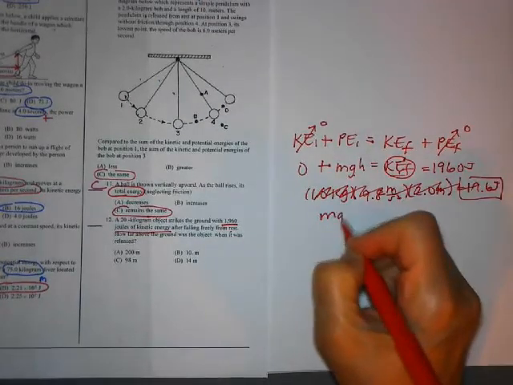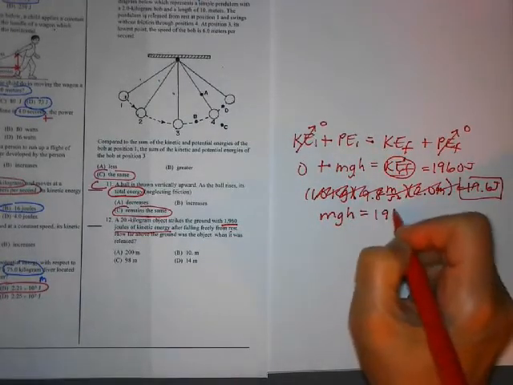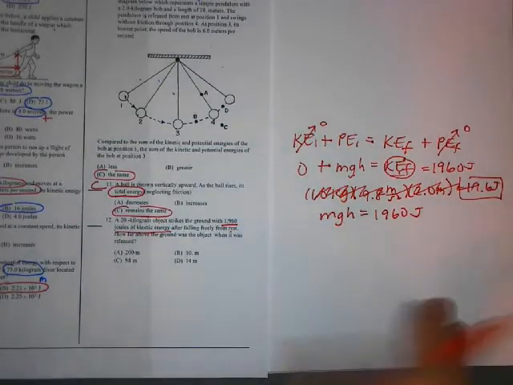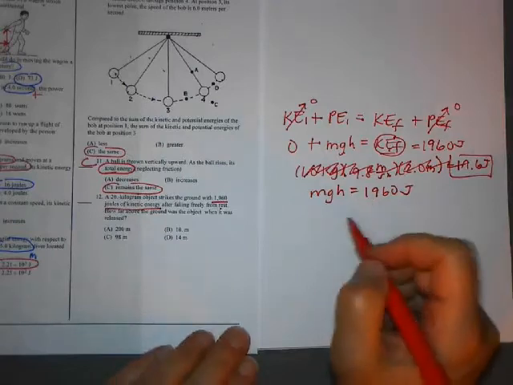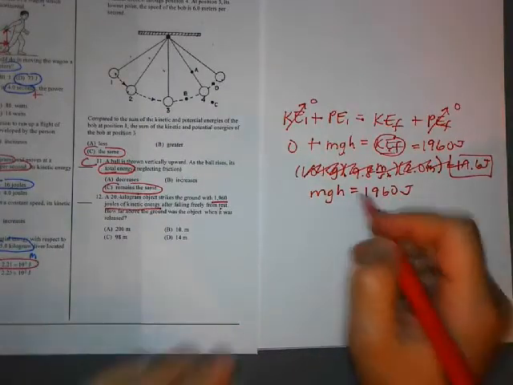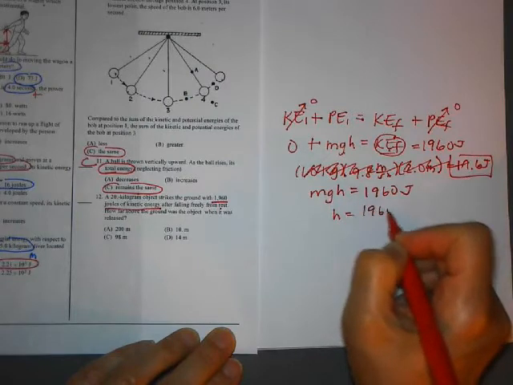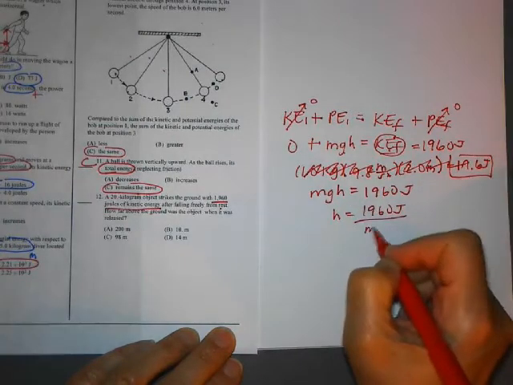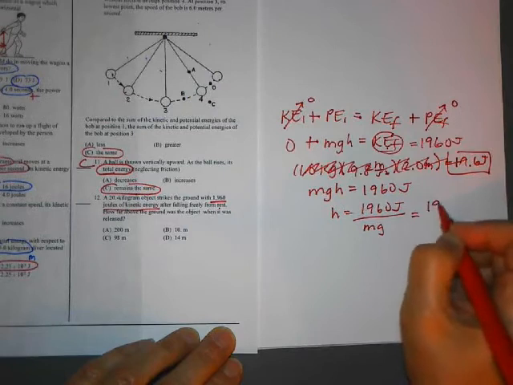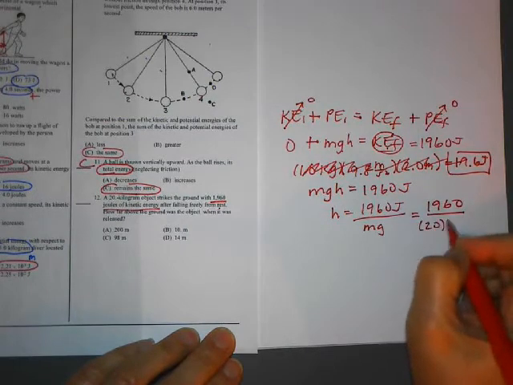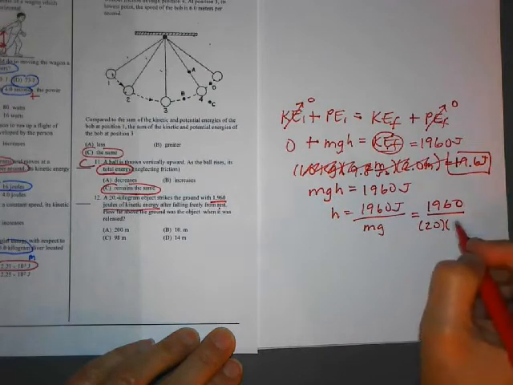So mgh is equal to 1960. And they gave us the mass, so we have to find the height. So the height is going to be 1960 divided by mg. So it's going to be 1960 divided by the mass, which is 20, times gravity.